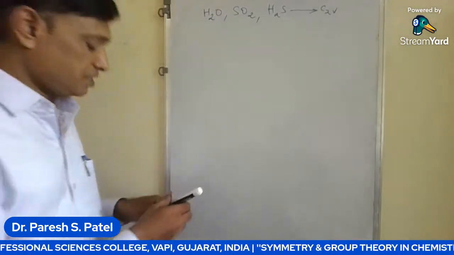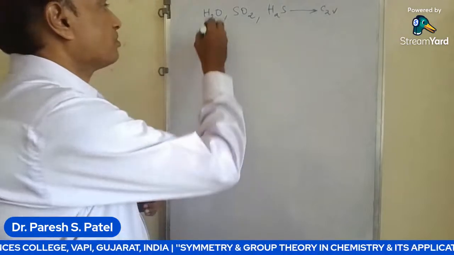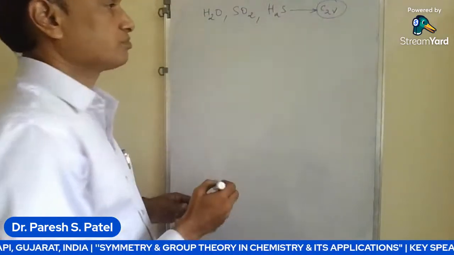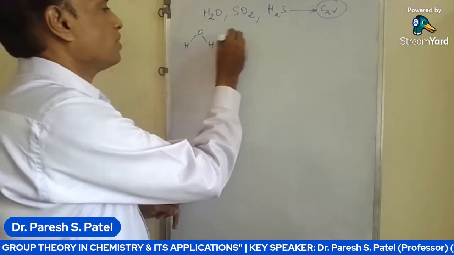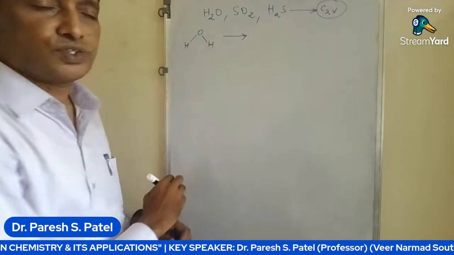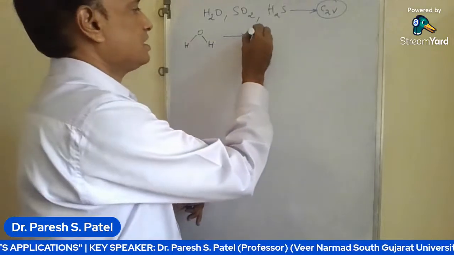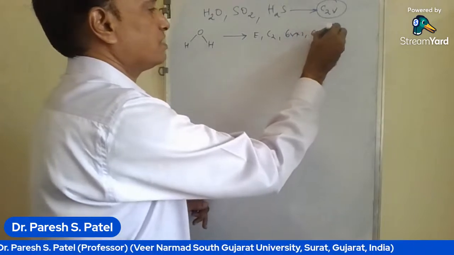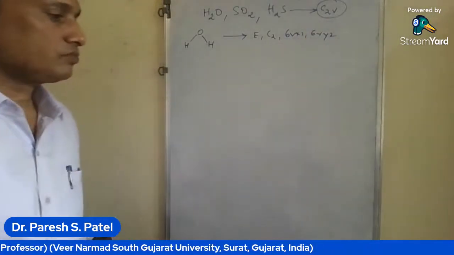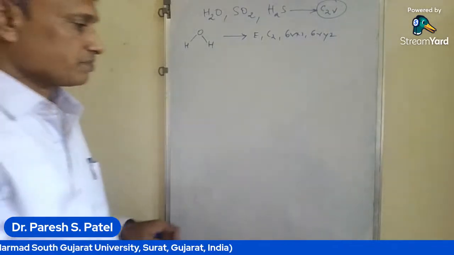So let us start with constructing a character table for the C2V point group. Let us consider the water molecule. It belongs to the C2V point group and it consists of E, C2, sigma Vxz, sigma Vyz.